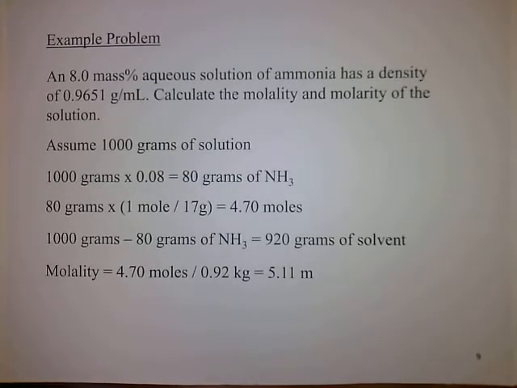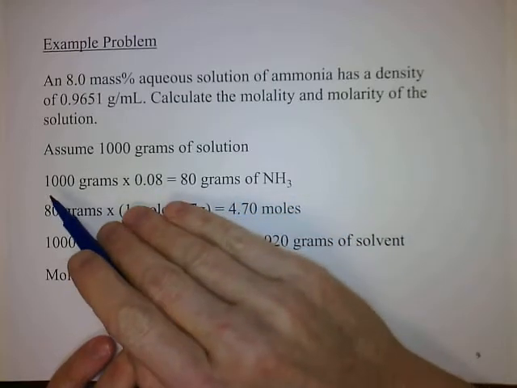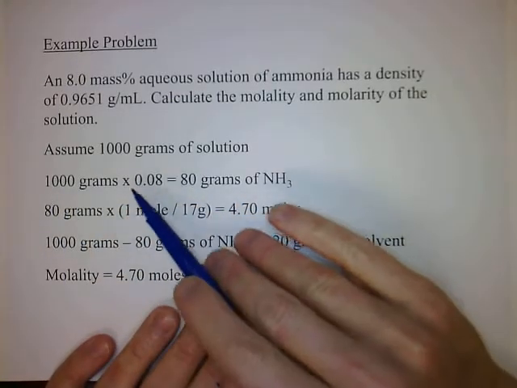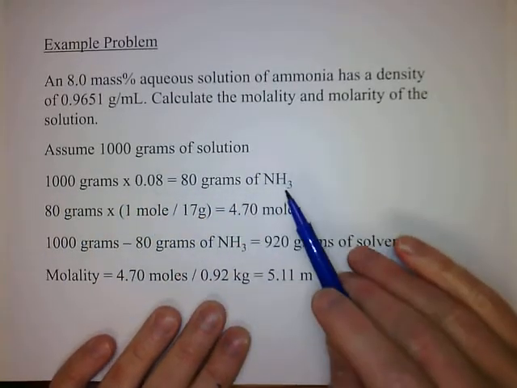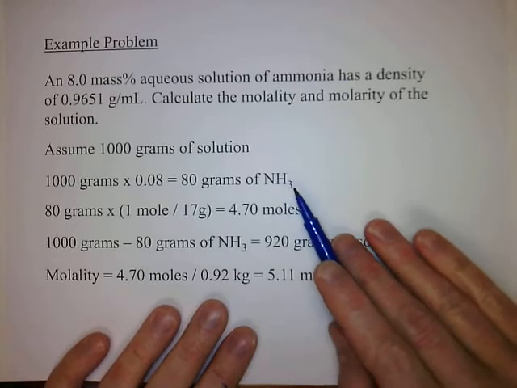We could assume 10 or 100, but I'm going to assume 1,000. So we know that it's 8% ammonia by mass, so let's start out by taking 8% of 1,000 grams. So 8% of 1,000 grams is 80 grams of ammonia.